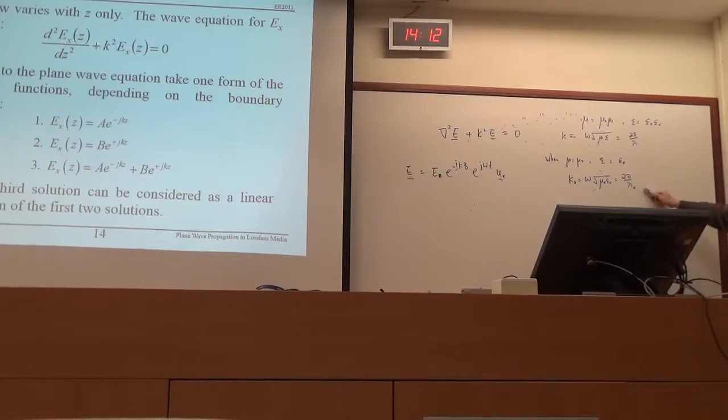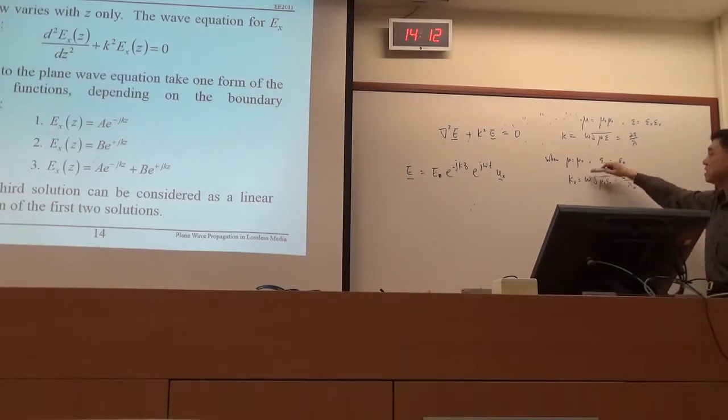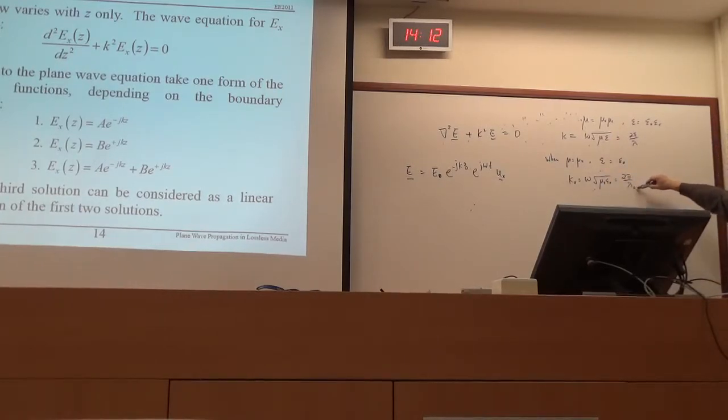That is the free space wavelength for the same frequency of propagation. For the same frequency, in free space it is this wavelength, and in the medium with μr and εr, it is this wavelength.